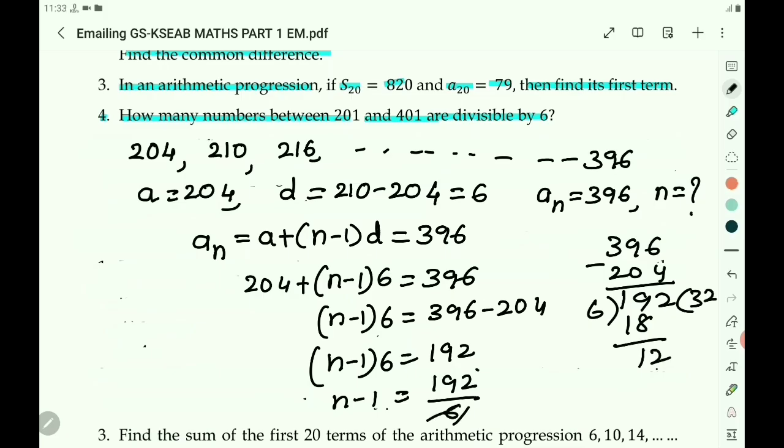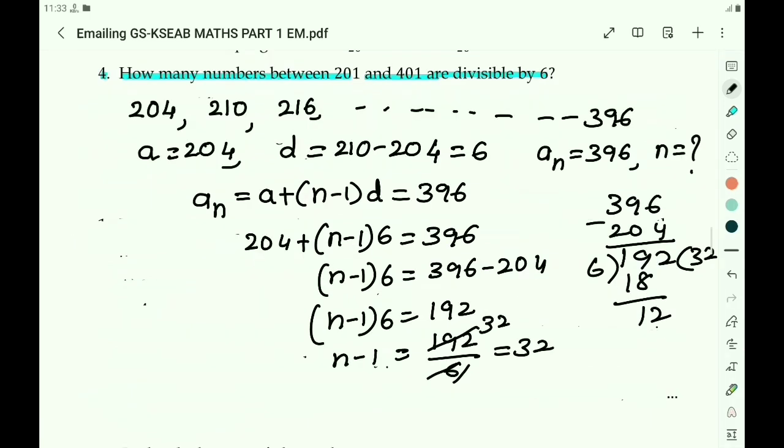So 6 1s are 6. 32 is 192. Therefore, you got n minus 1 equals 32. n equals what? Transfer this minus 1 to the RHS. That becomes 32 plus 1, which is equals to 33.